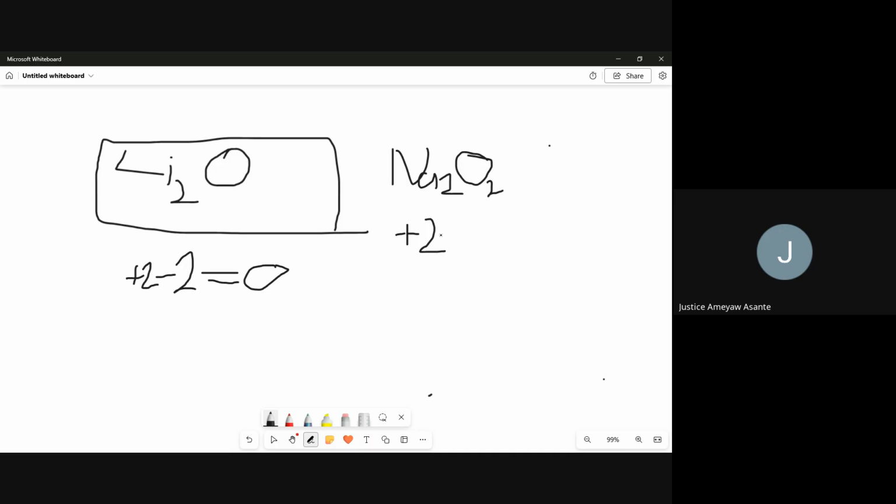Now, here we assume that we don't know the oxidation state of oxygen, and therefore it's going to be plus 2 times x. Everything should give you 0.